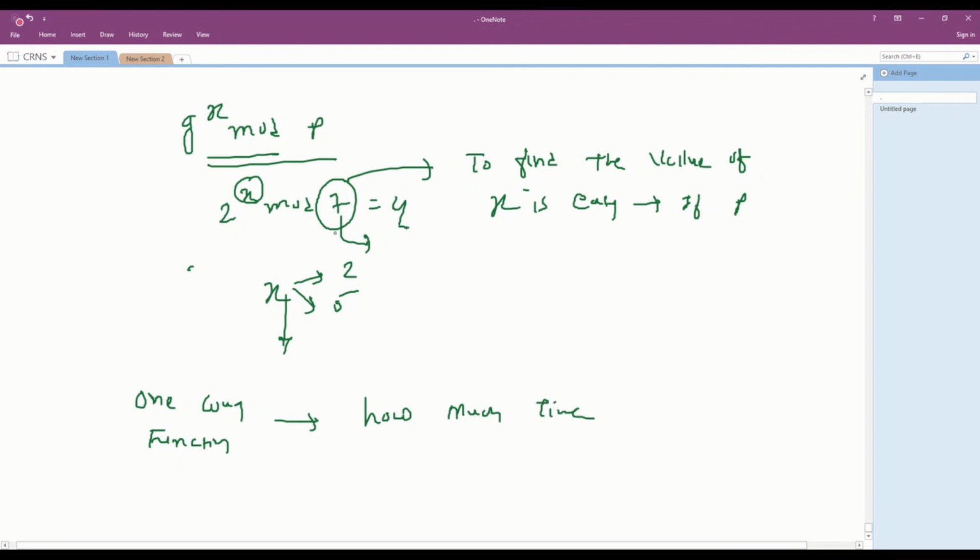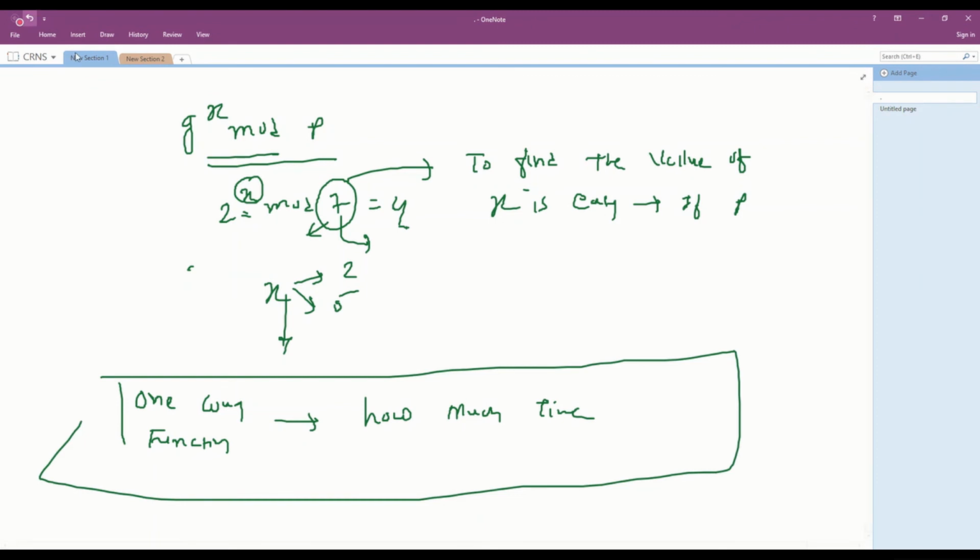If p is smaller, you will be able to find x easily, in less time. But if p is large, as you have seen in each of our algorithms, it is recommended to select a large prime number p. So this is how you can apply the one-way function.